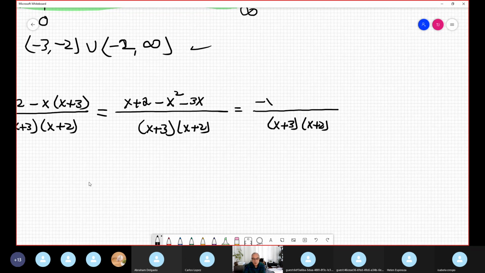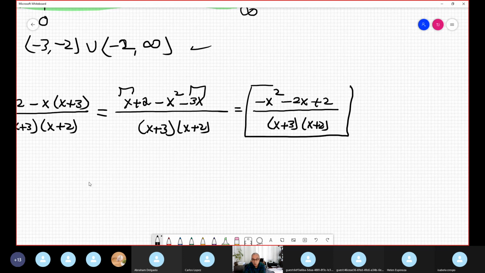This is minus x squared, well, positive 1 and negative 3 together, negative 2x, plus 2. Yes. This is my new expression, which is the combination of f and g together in the subtraction.